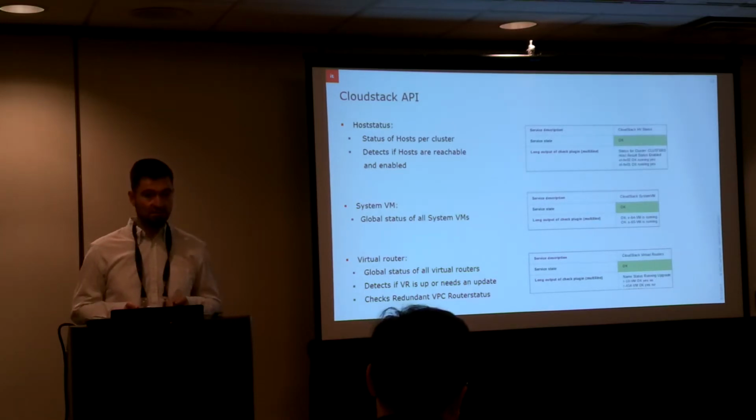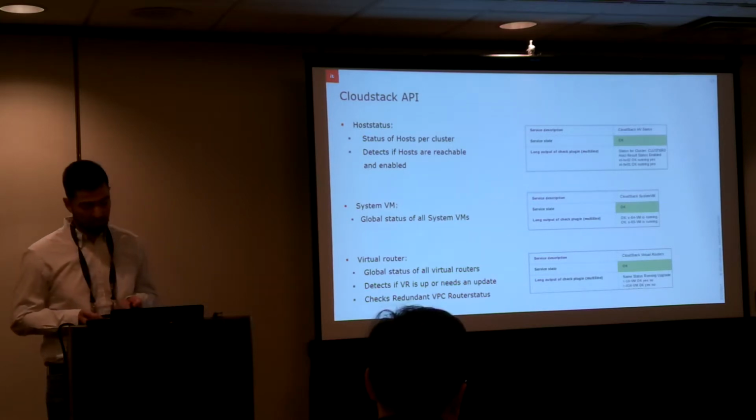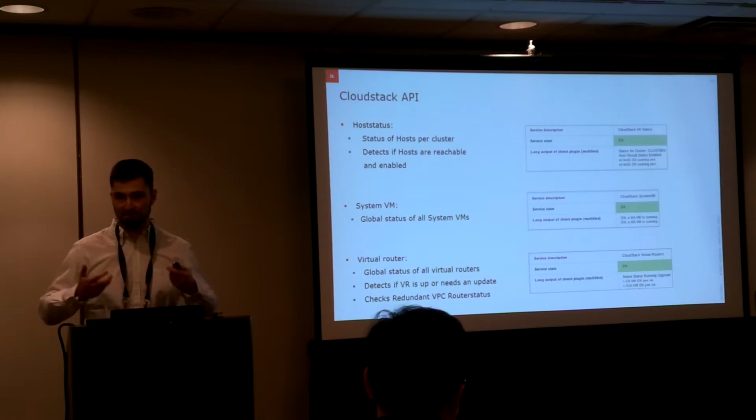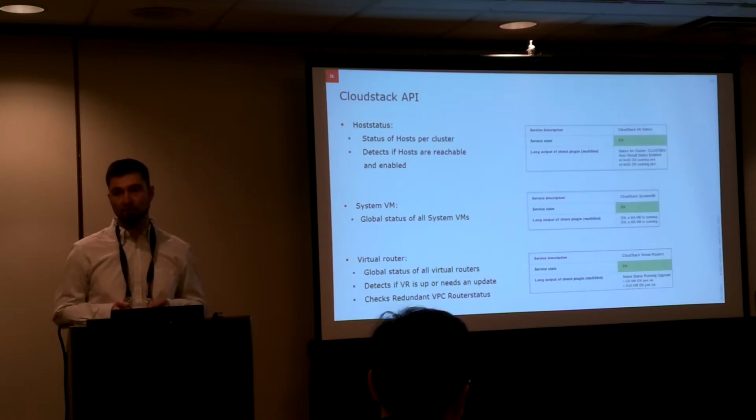The same for the system VM. Here we also check for alert states and for maybe a system VM which is down and needs to be rebooted or to be replaced by a new one.